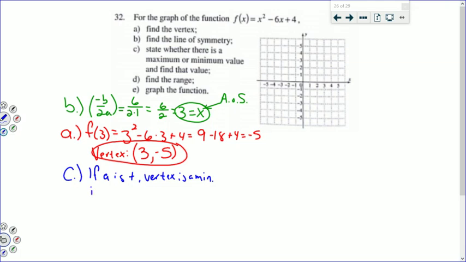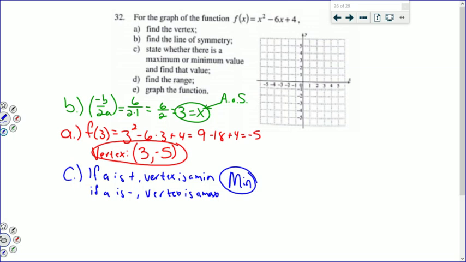If a is negative, the vertex is a maximum. In this case, we have 1 in front of our x squared, so this is a maximum. That's such a lie. There's a 1 in front of our x squared, so I literally just got done writing out that this thing is going to be a minimum. Okay, so for part C, we have a minimum for this graph.